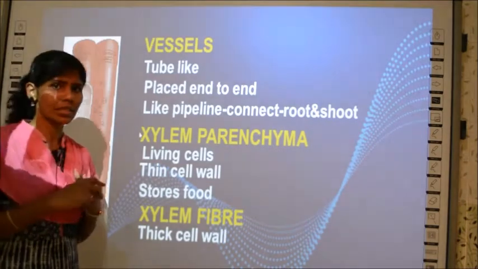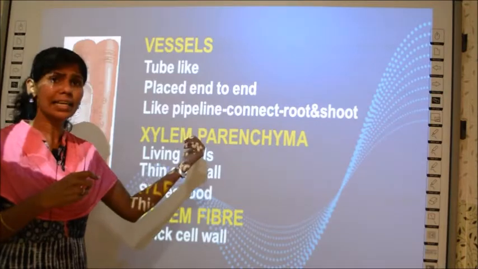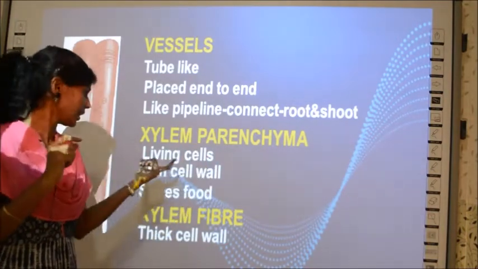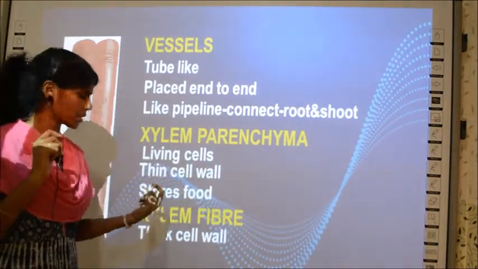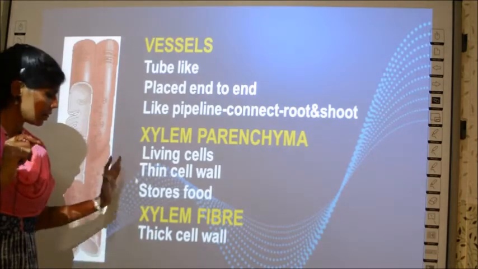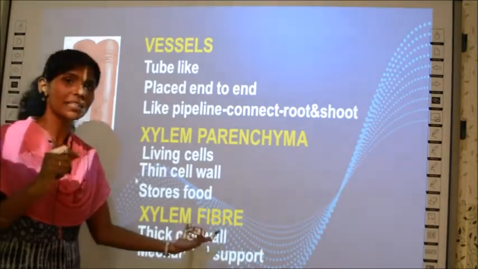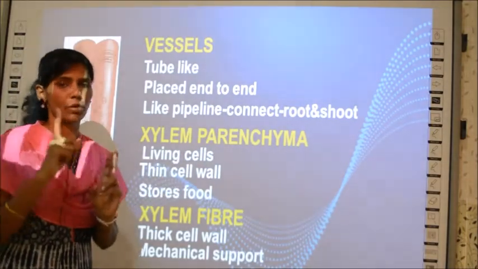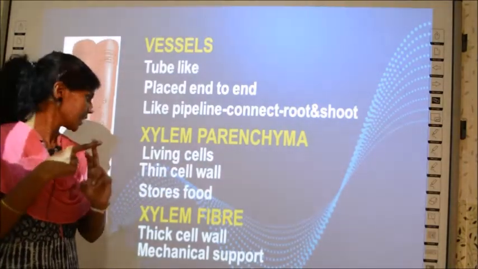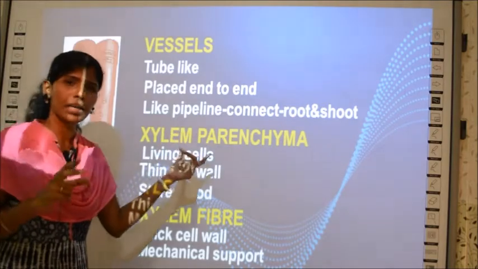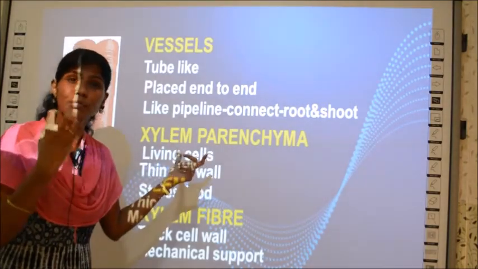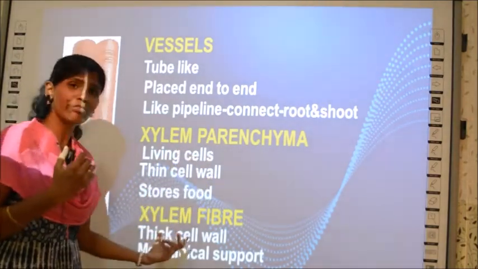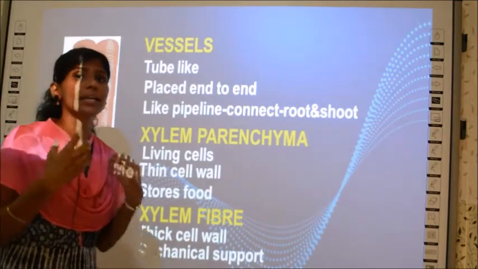Okay, the first comparison is the cell wall. Xylem parenchyma has thin cell walls. Xylem fibers have thick cell walls. This is the first property. The second property is xylem parenchyma is full of living cells. Xylem fibers are full of dead cells.